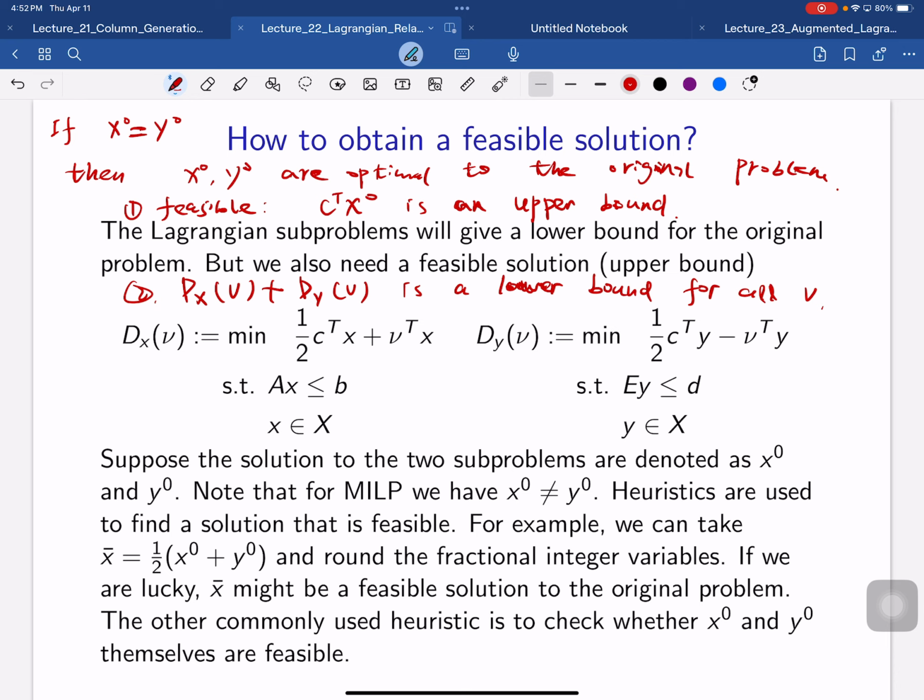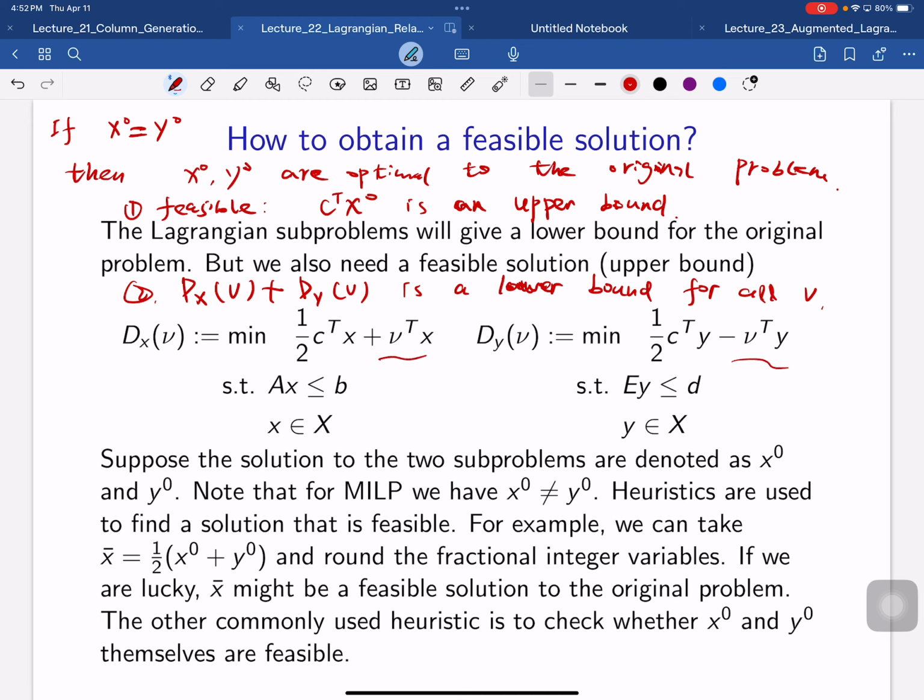Okay, so in this case, what is d_x(mu) plus d_y(mu) here, if x naught equals y naught? It's 1/2 C transpose times (x naught plus y naught). It's the original objective, because if you add them up, if x naught equals y naught, these two terms will be canceled out, right?